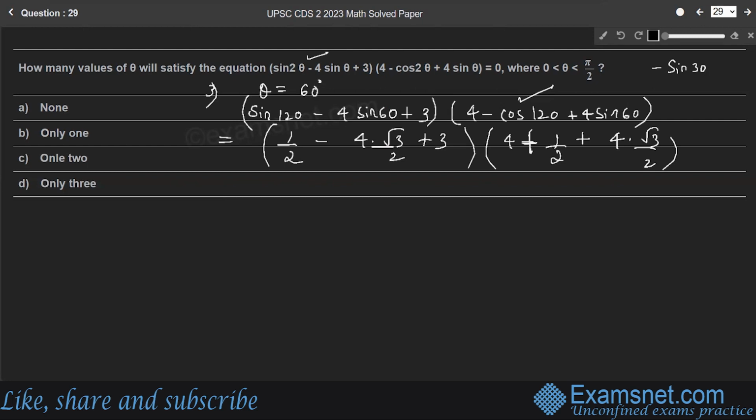Now here also, after simplification, you won't get 0 as the answer. So this is not equal to 0.